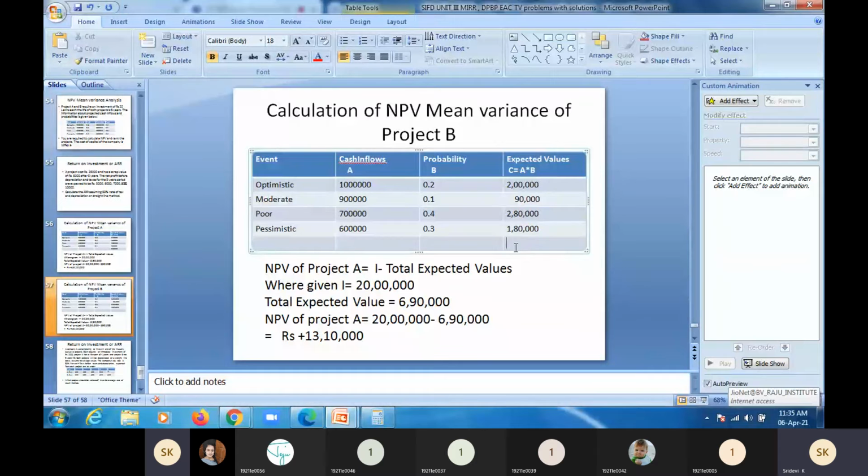Sum up all these values. The value will be how much? 7,50,000.